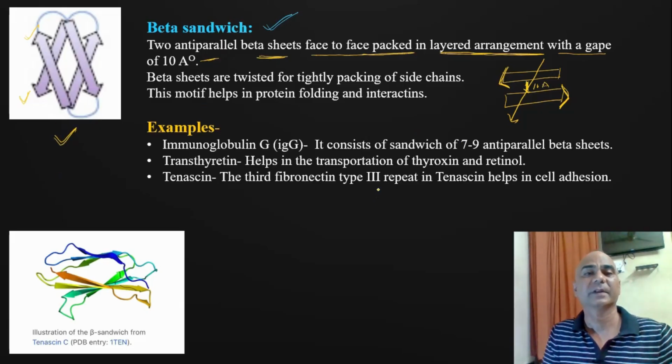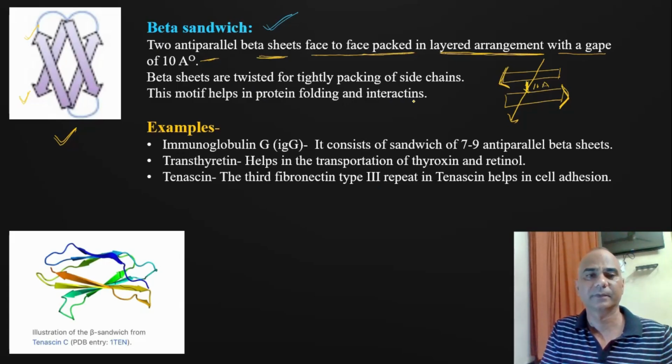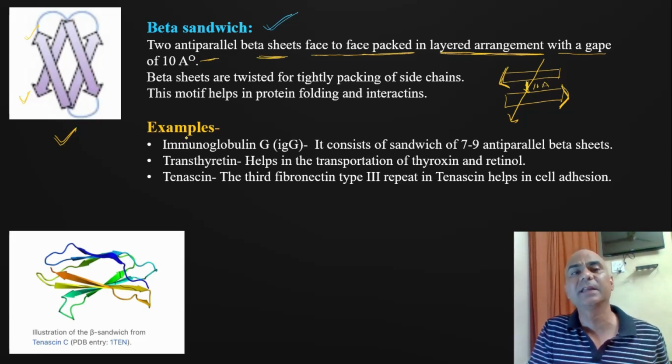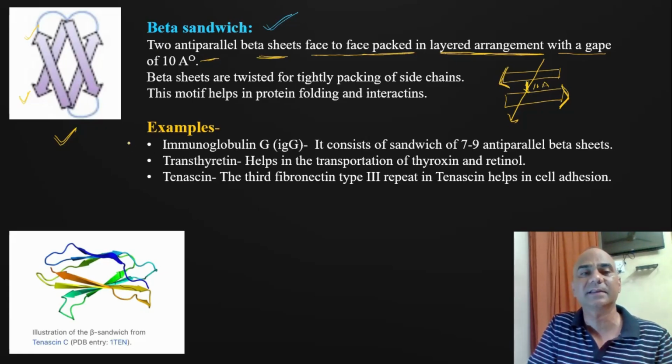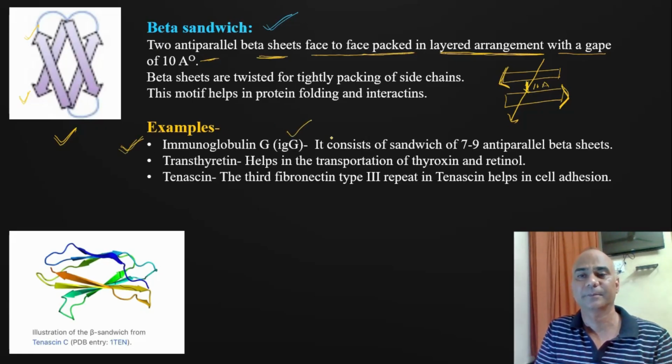This motif helps in the protein folding and the interactions. Whenever it is asked which one is the best suitable example for explaining the beta sandwich structure, then we can say the beta immunoglobulin IgG.